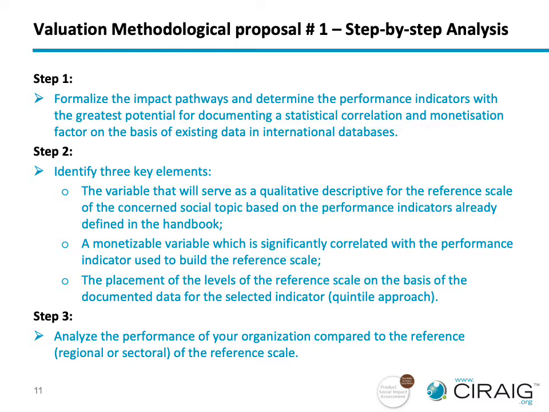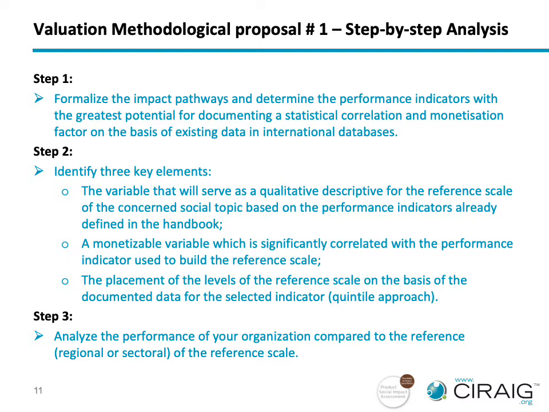This first step has two sub-steps, which will be presented on the next slide and then implemented for the social topic 4.1 of the SIA handbook, meeting basic needs, applicable to the stakeholder small-scale entrepreneurs.